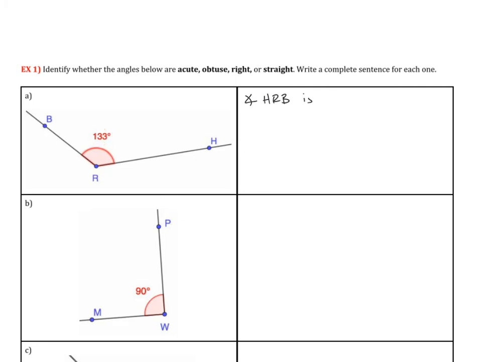So angle HRB is an obtuse angle because it measures more than 90 degrees but less than 180. Okay.